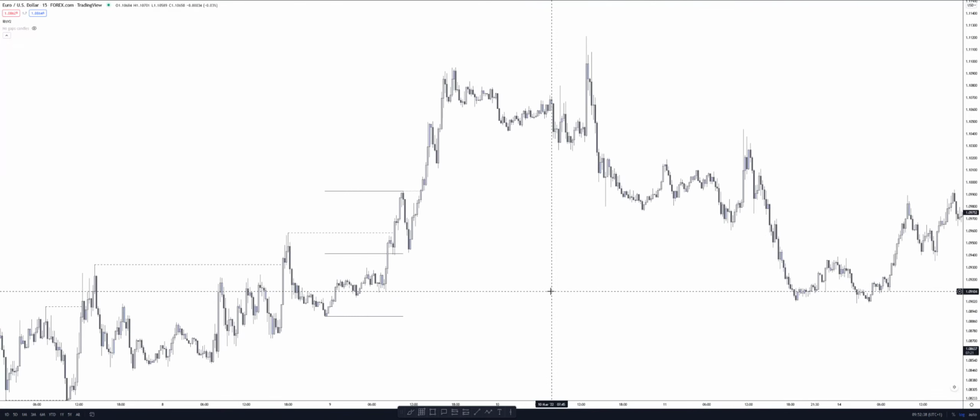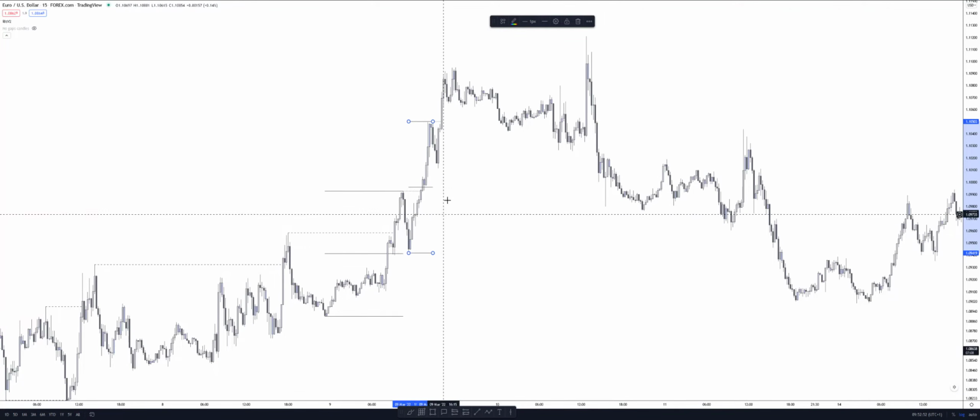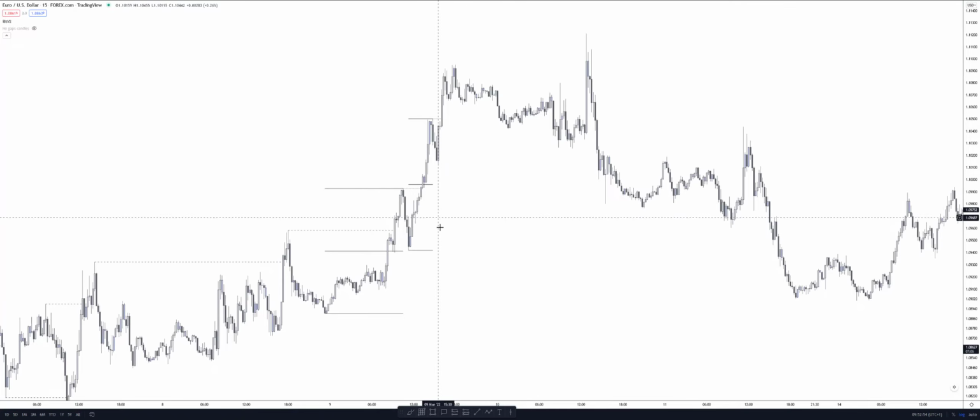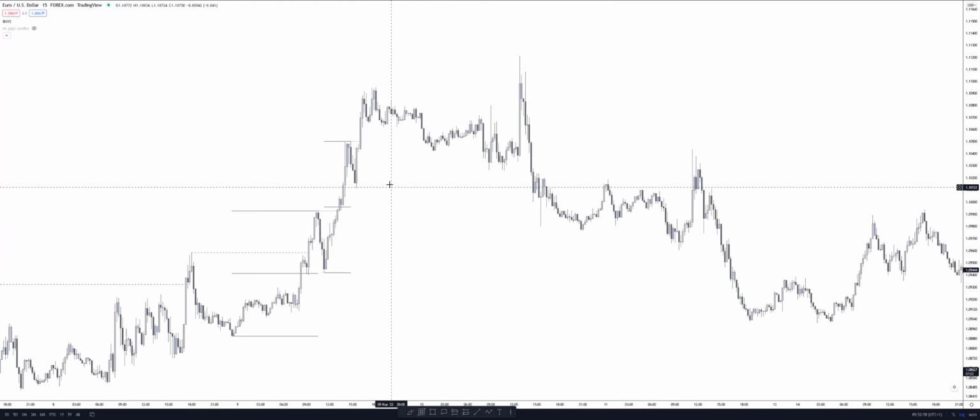And what you can see is that price carried on up here once again. Still minor structure in place here because we didn't mitigate anything in this discount before continuing on. So again, we'll keep this area in mind for potential reactions in the future.